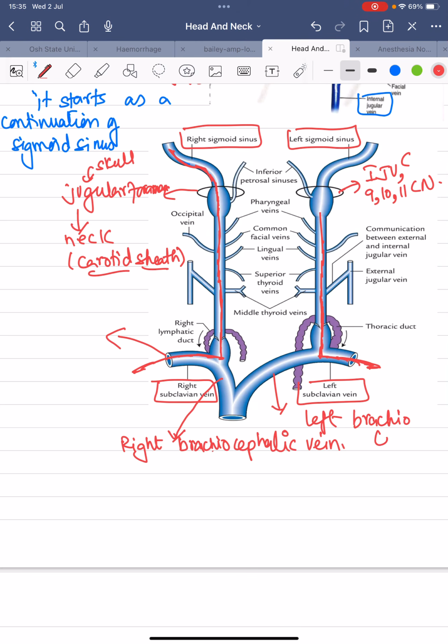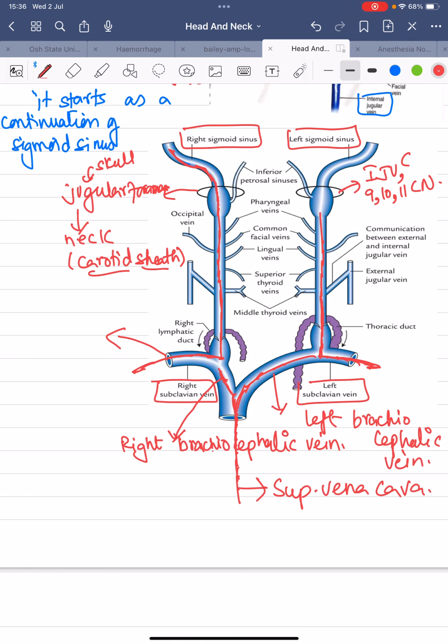Okay, and when these two brachiocephalic veins are joining together, it is going to form here what? Superior vena cava. Clear to everyone?